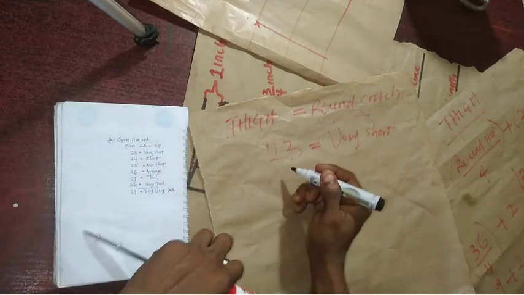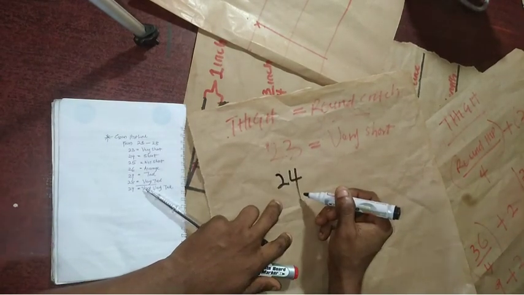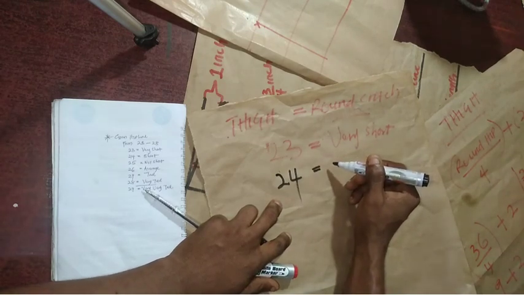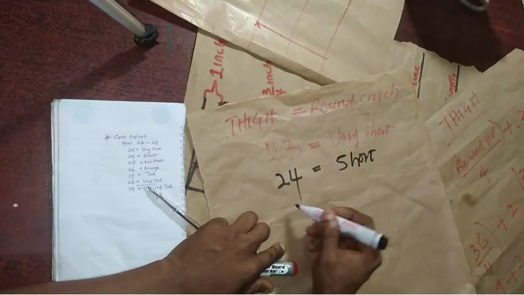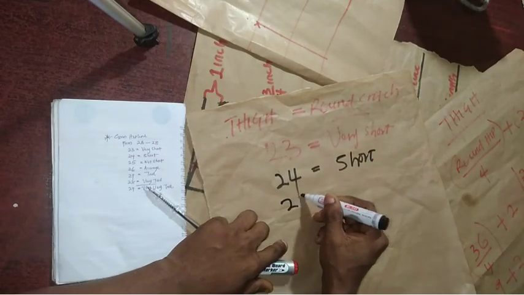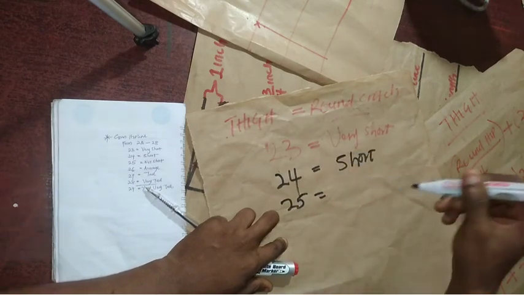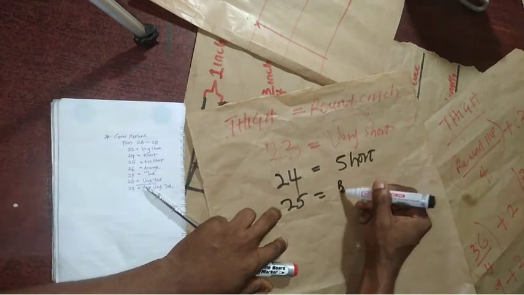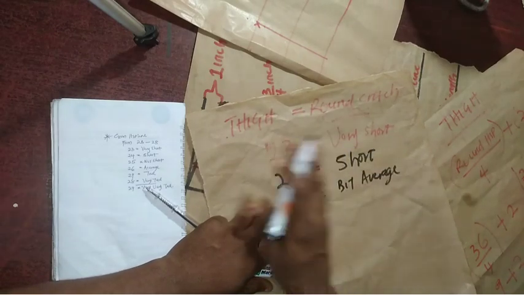So if at the end of the day you get a hip line of 24 inches, all I can tell you is the person is not very short, but the person is still short. Okay, so if the person's hip line is 25, now I can tell you that the person is not very short, the person is not short, rather the person is a little bit of average. The person is average.